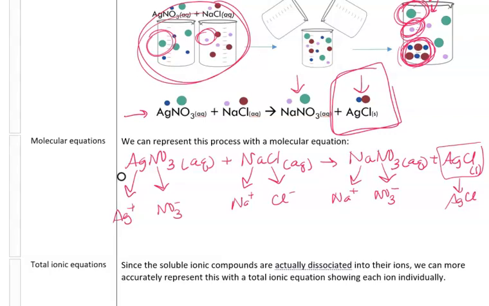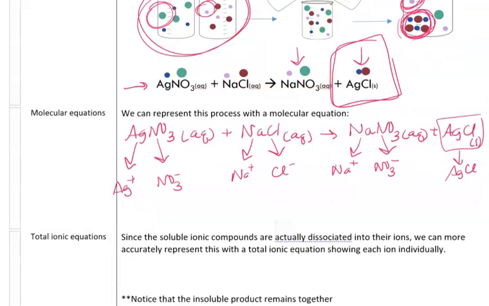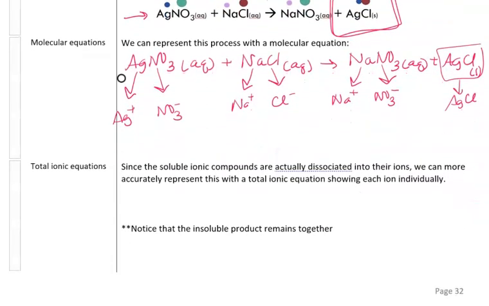So we can take all of those dissociated bits and write them out as individual ions. That's where the total ionic equation comes from. We've got a silver ion and a nitrate ion and a sodium ion and a chloride ion. That's our reactant, all those individual ions, and we pour them all together.